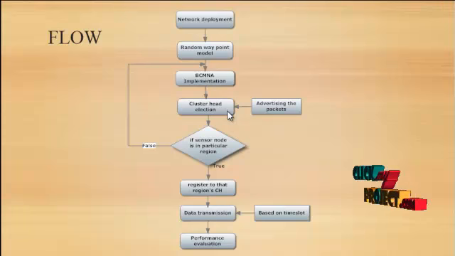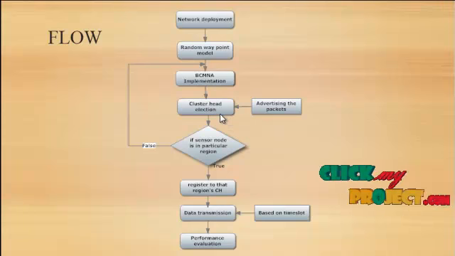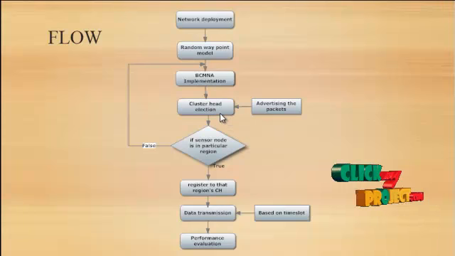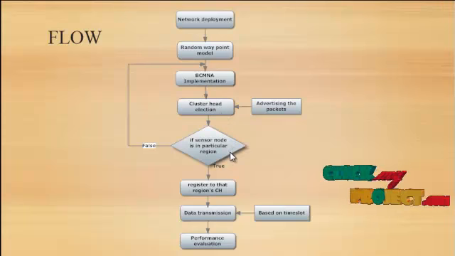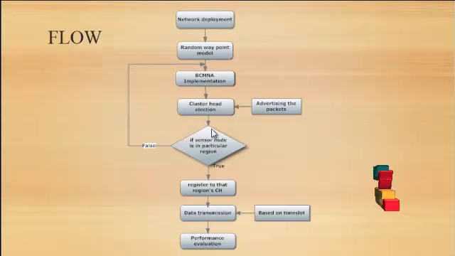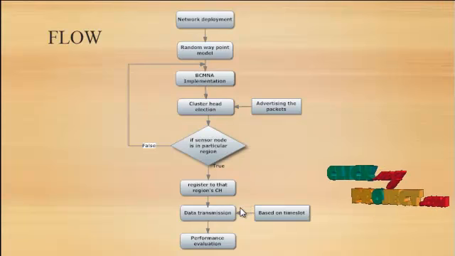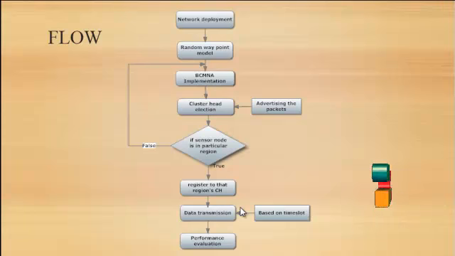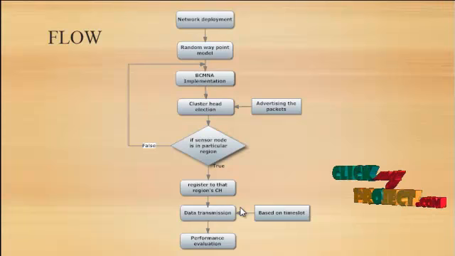The node which has the highest energy is selected as the cluster head, so it is selected dynamically. If the sensor node is in a particular region, it is registered via that cluster and data transmission is done.